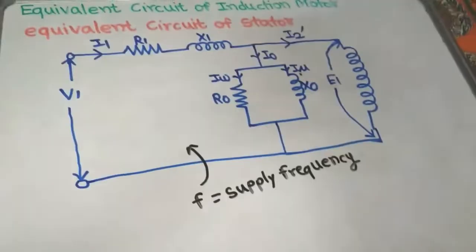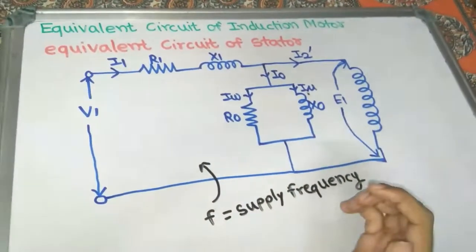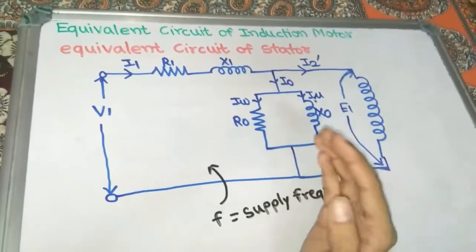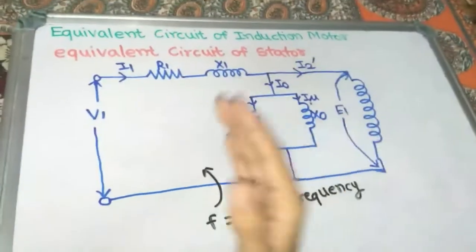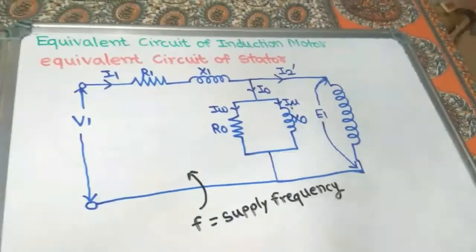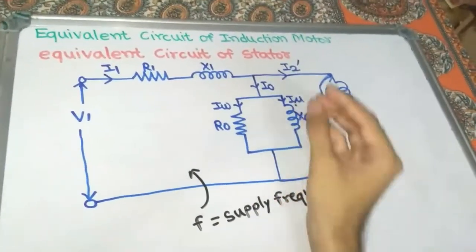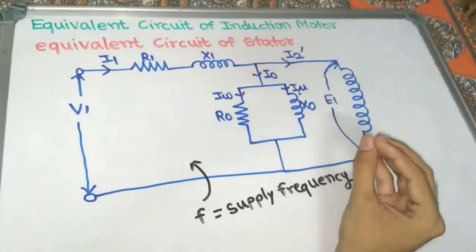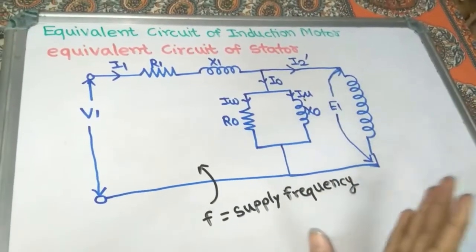Now if we see the transformer, the secondary winding is of the same frequency as the primary winding. Transformer is a static piece of equipment by means of which electrical power is transferred from one electrical circuit to another alternating circuit. We change current and voltage but without change in frequency. But what about the three-phase induction motor? In a three-phase induction motor, the frequency of the rotor winding changes due to change in the value of slip.